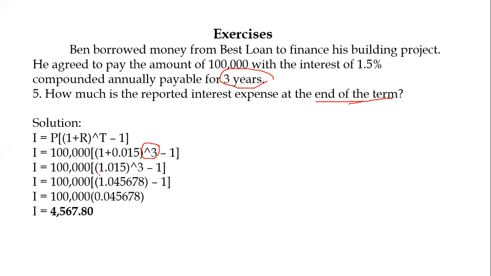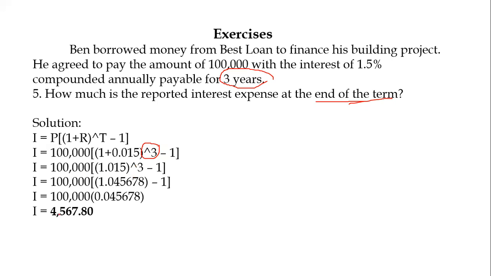So we multiply 1.015 three times, or just press equals on your calculator 2 times. If you have a scientific calculator, just type 1.015, then exponent 3. Or if you are confused with the calculator, just 1.015 times 1.015 times 1.015. So, three times.